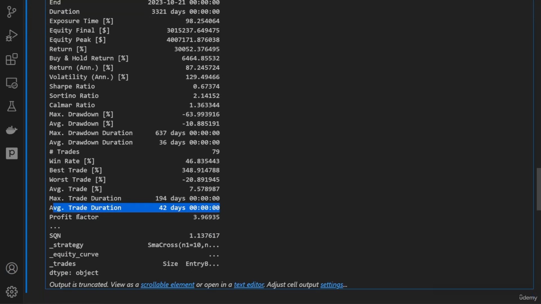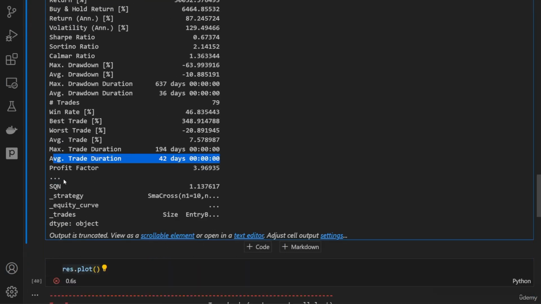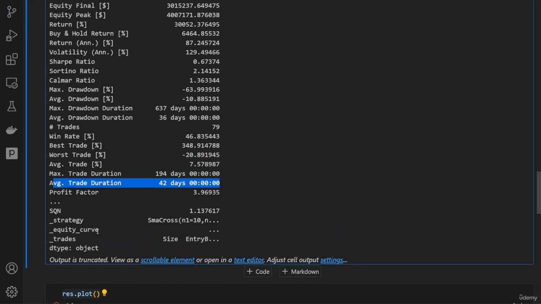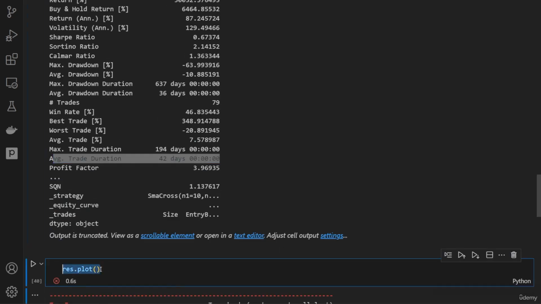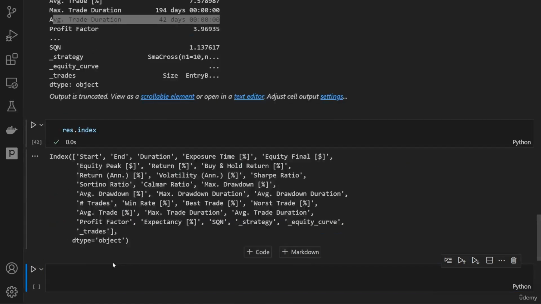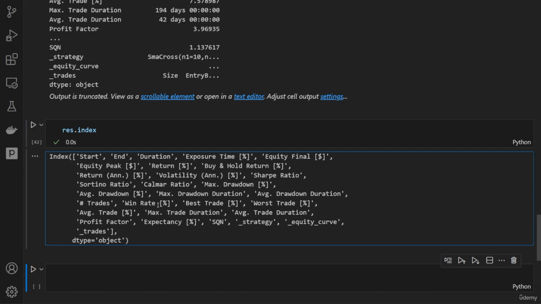We have the profit factor and many other parameters that are not seen here. If we want to check all of them, we can print the index, and we reached the profit factor because here we have some missing keys that were not displayed. So let's check this. Maximum duration. So we are at the profit factor.